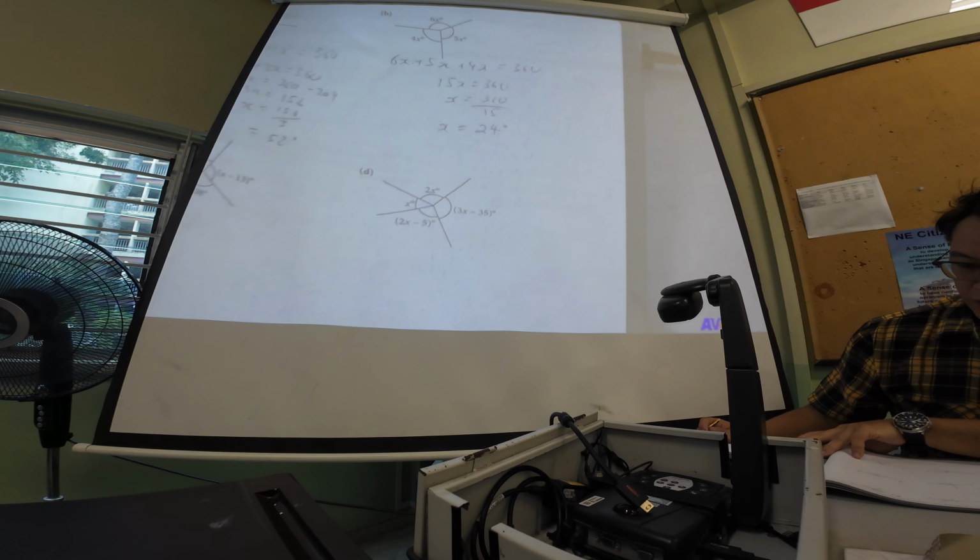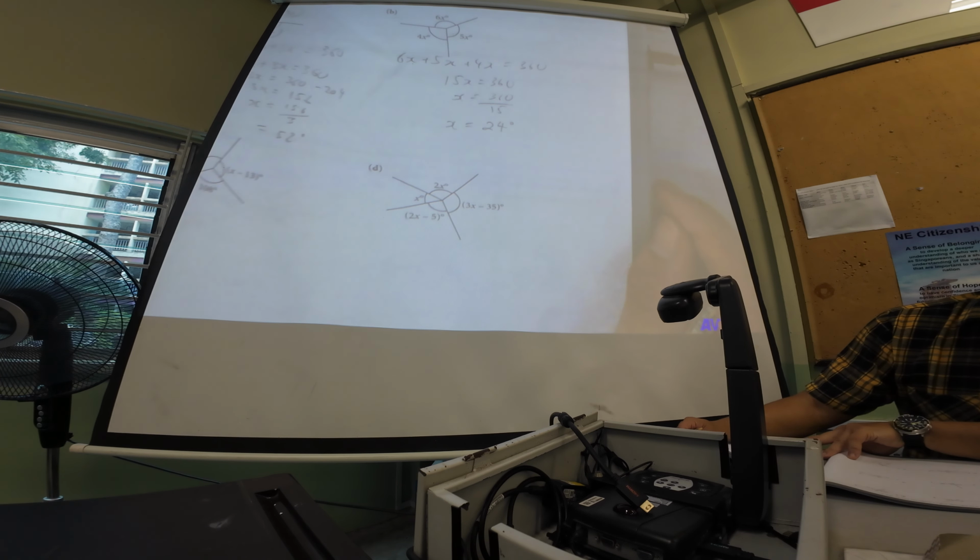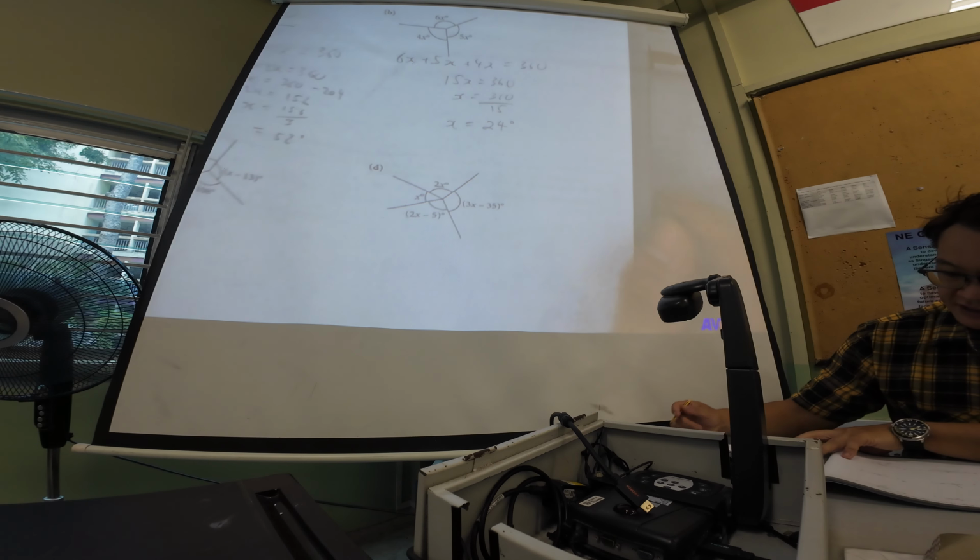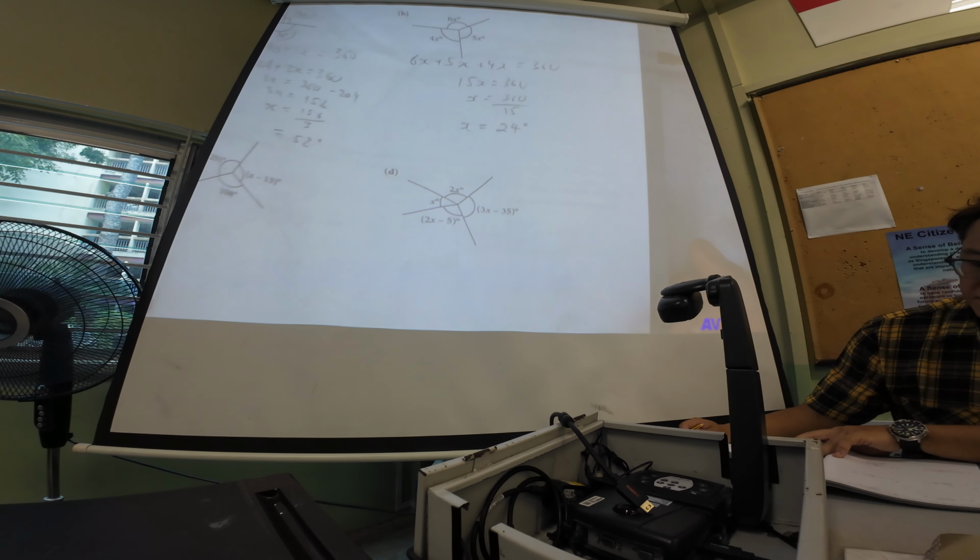Part B, quite straightforward. Add up the three angles. The three angles adds up to 15x. 15x is 360. X is 24.